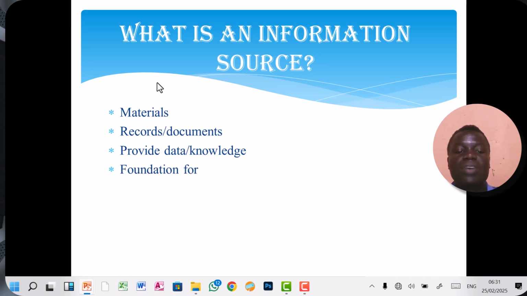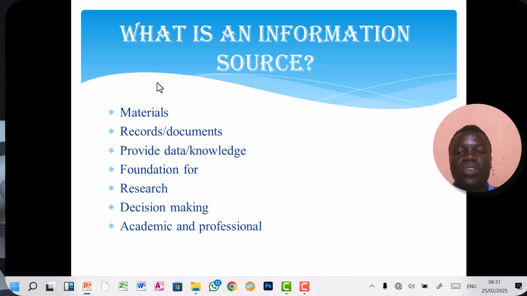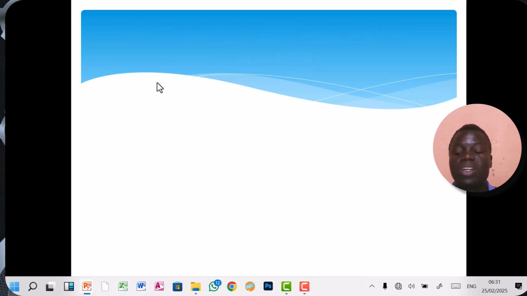These sources serve across several areas, and act as a foundation for research, as well as a foundation for decision making, in such a way that they act across all academic and professional fields and in everyday contexts. These sources of information are also classified or identified depending on the type or nature of information they provide and the event they are used.